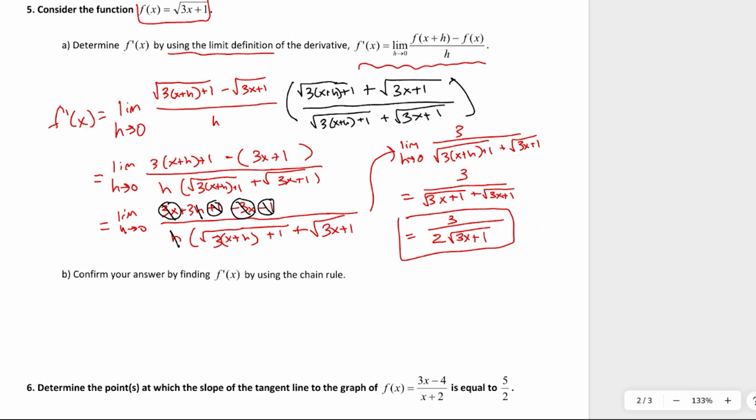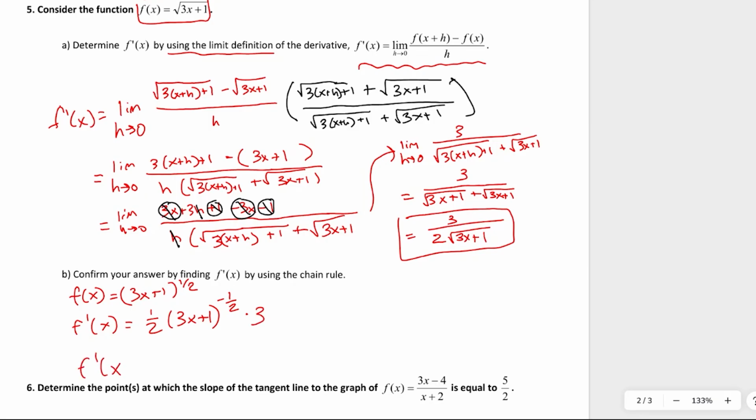So we're going to confirm our answer by using the chain rule. And so first I'm going to rewrite this f of x as 3x plus 1 to the 1/2 power, just to make it more obvious how this chain rule is going to play out. f prime then is going to be 1/2 times 3x plus 1 to the negative 1/2 power times the derivative of the inside, which is just going to be 3.